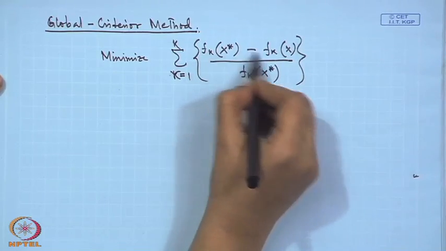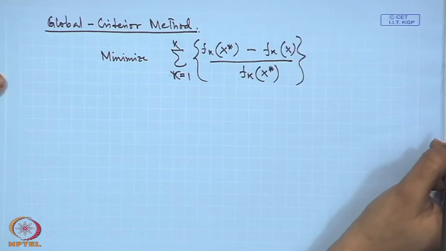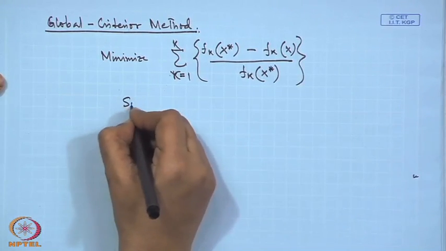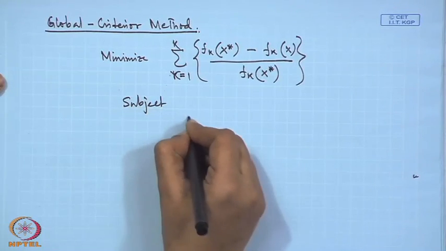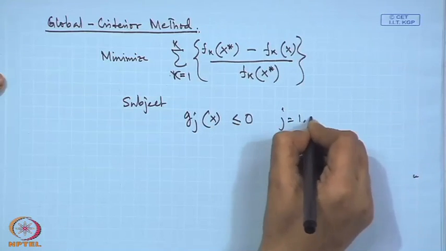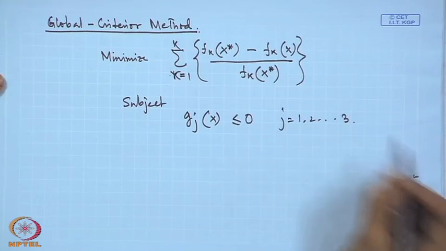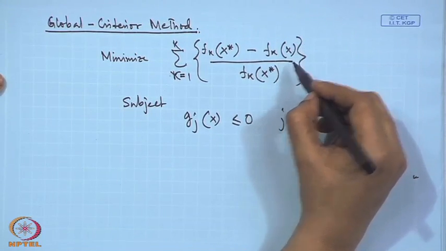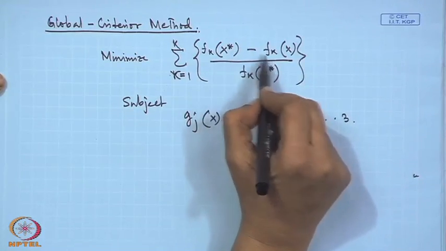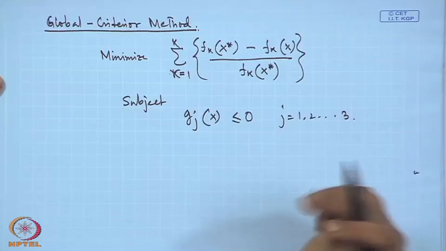That means the difference must be minimum, we expect that all together. And somewhere on the non-dominated frontier, subject to the set of constraints g_j(x) less than or equal to 0, that means the feasible space is formed with these restrictions, then on the feasible space somewhere we will get the solution where this difference, this ratio, will be minimum for all objective functions together.